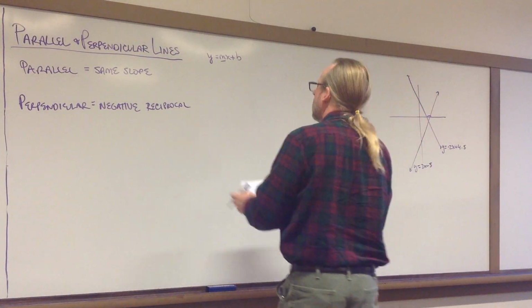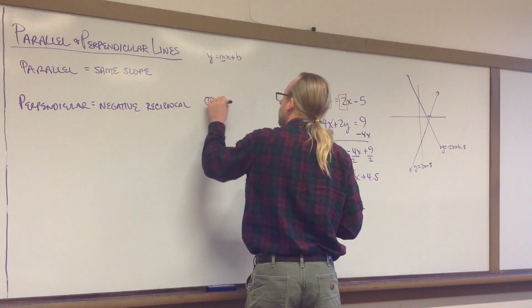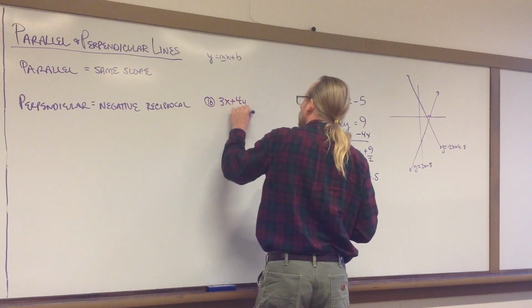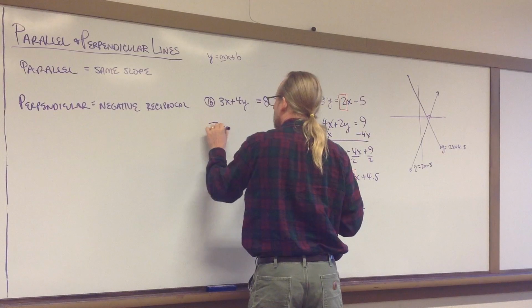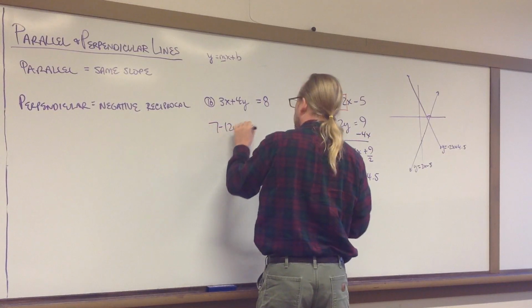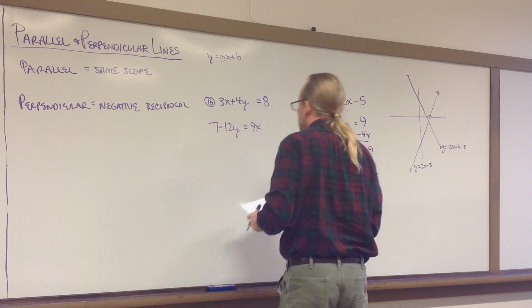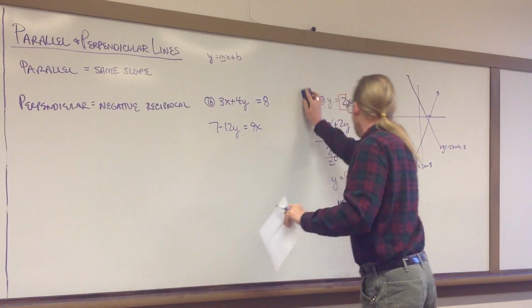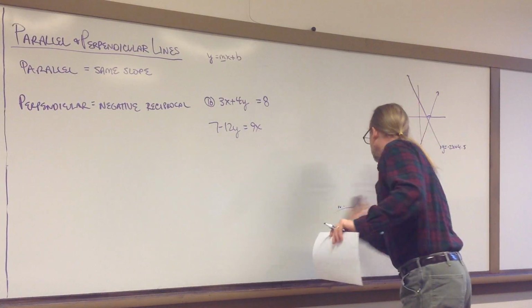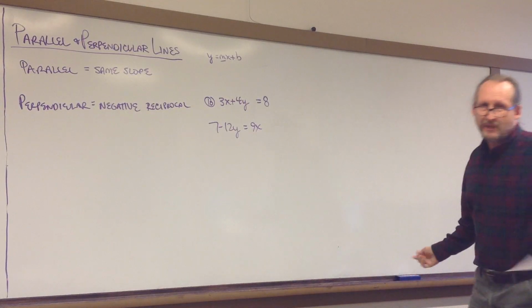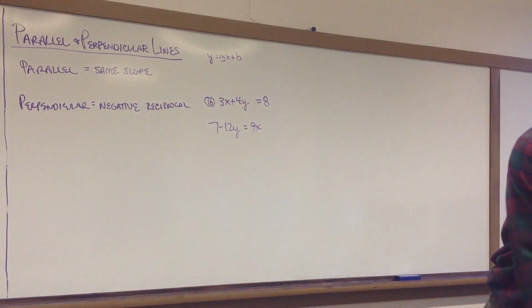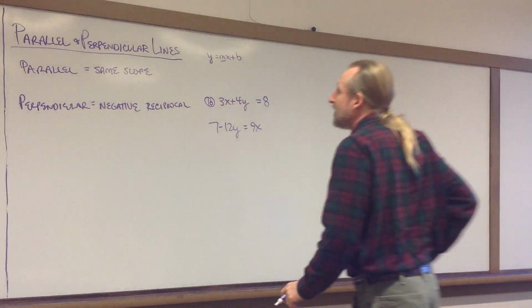Problem 10. 3x plus 4y equals... We've got some work to do here to put these into slope-intercept form so that we can see what their slopes are. I mean, that's the key to this whole issue.